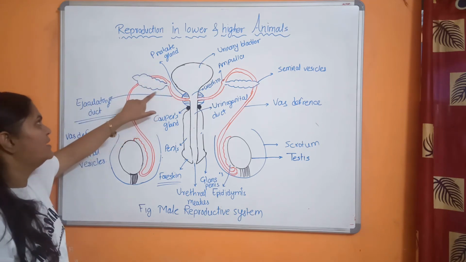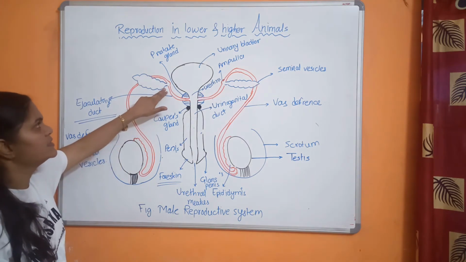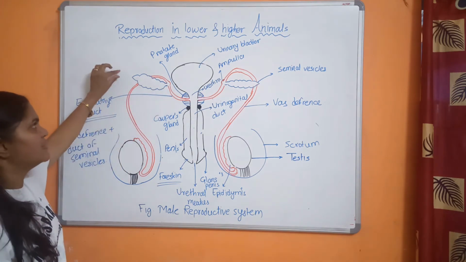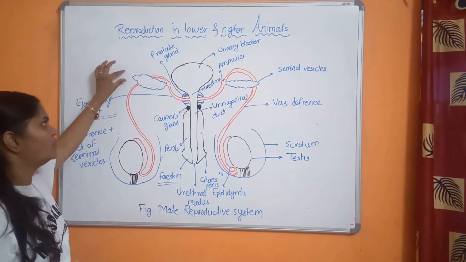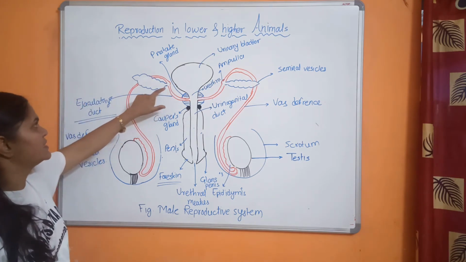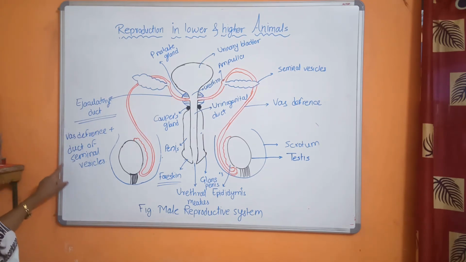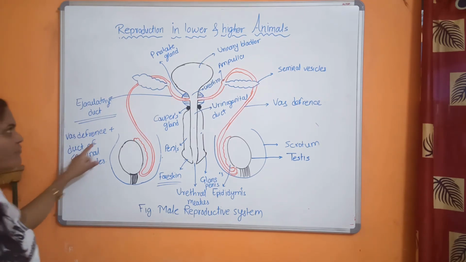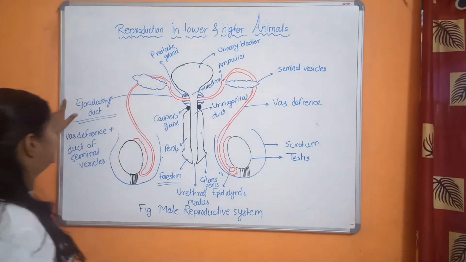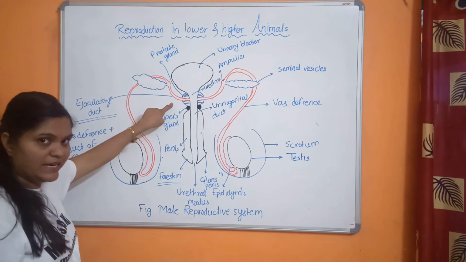But before that, there is an ampullary region of the vas deferens where the duct of the seminal vesicle also opens. Now the vas deferens and the duct of the seminal vesicle combine and form one common ejaculatory duct.